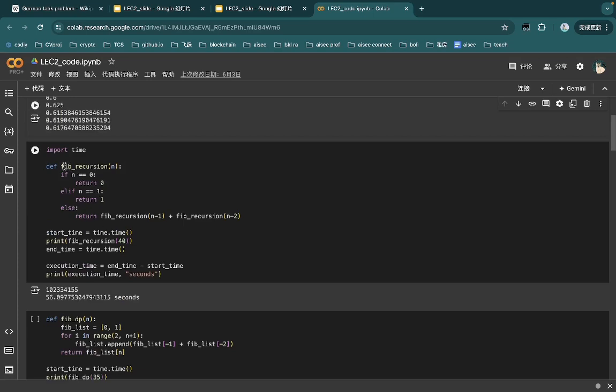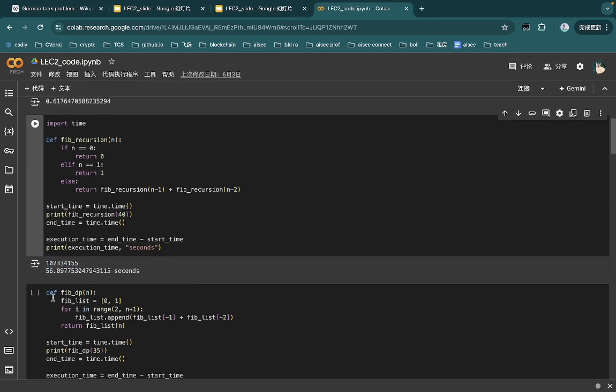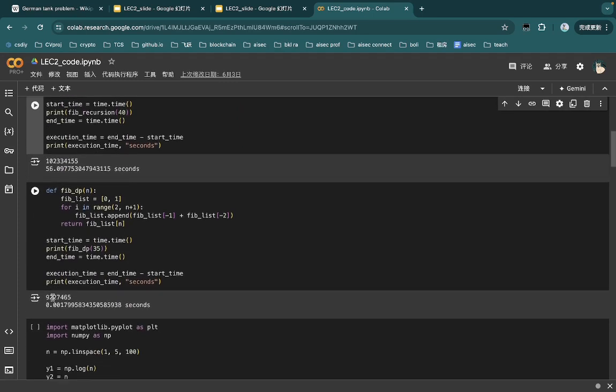Okay, so here is the Fibonacci recursion algorithm, and we're calculating FIB 40, right? It's a very large number already. It takes about 56 seconds. This is crazy, a long time.